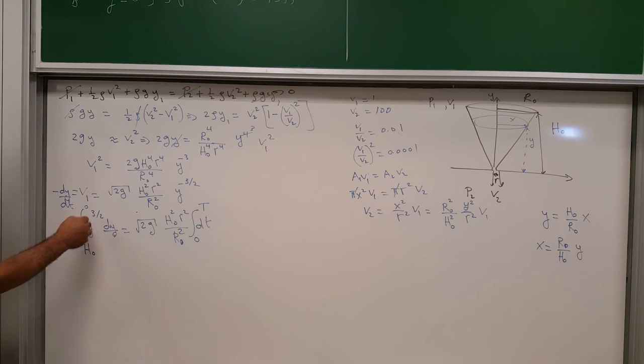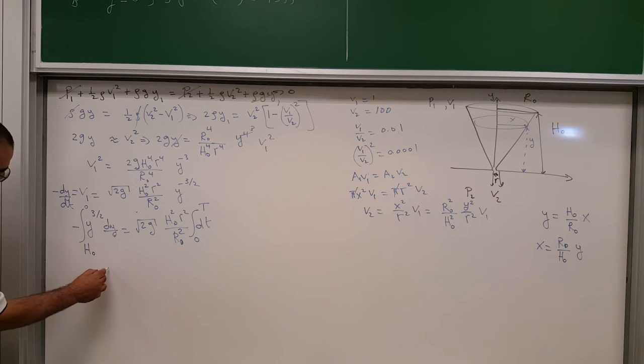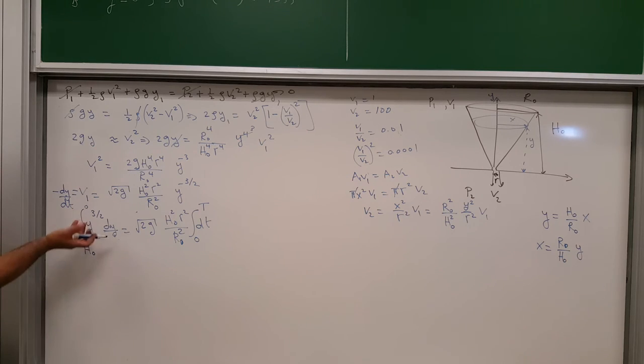And the integral of y to the 3/2 is just 2/5 y to the 5/2. And I'm going to switch the limits so it becomes positive. So when you switch the limits, you have this from 0 to h0.